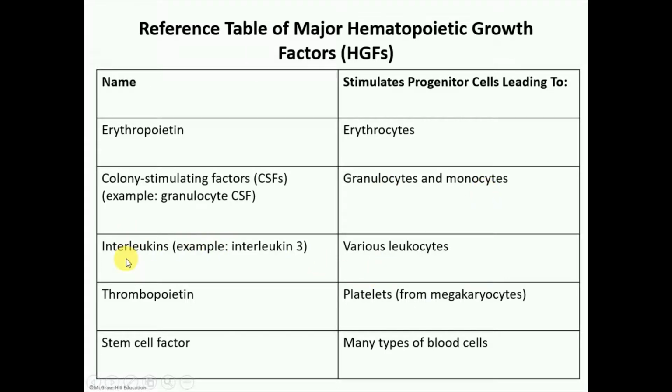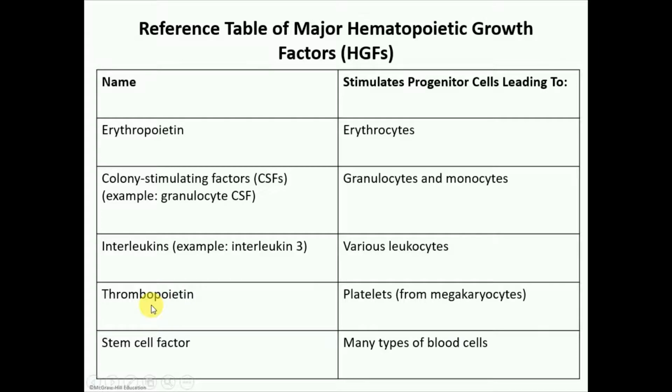Interleukin, inter means in between, leukin comes from leukocytes. We have tons of interleukins, so they're kind of numbered. We've got interleukin 1, 2, and 3, and so on. The example that they're talking about here is interleukin 3, and that's basically going to stimulate the making of various kinds of leukocytes. Thrombopoietin.